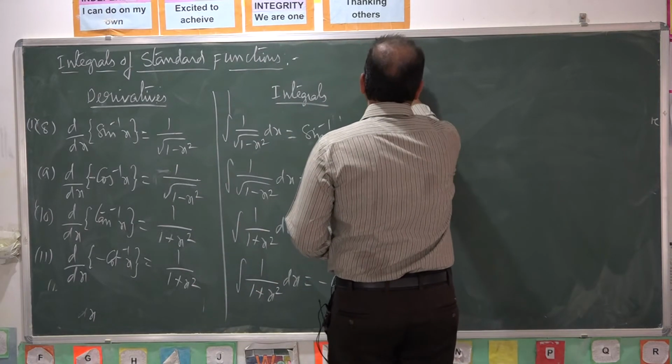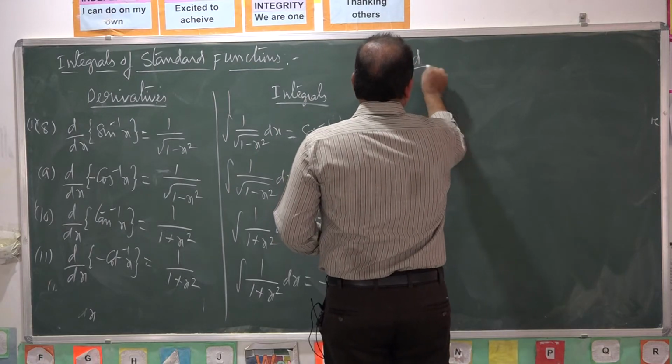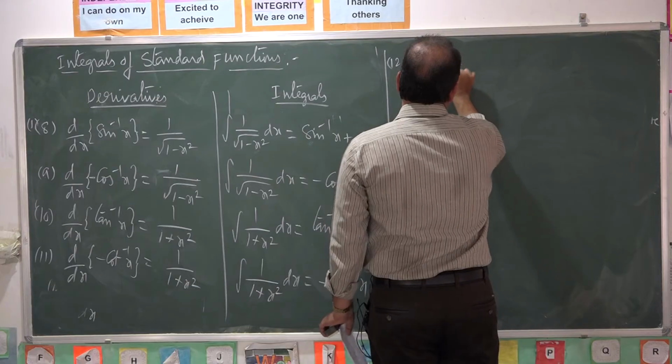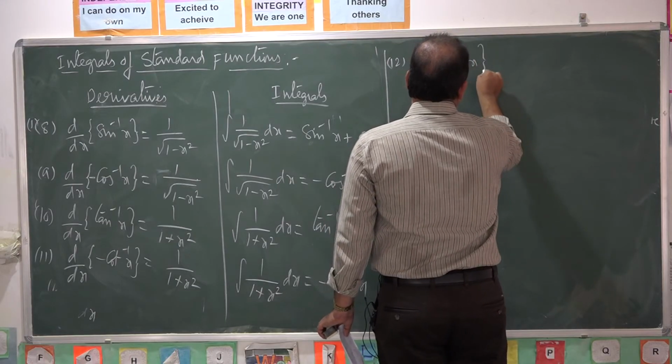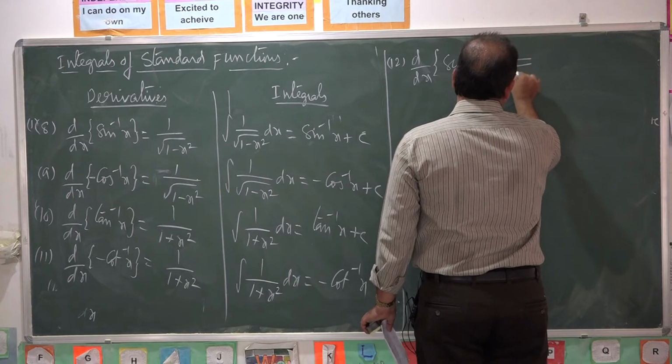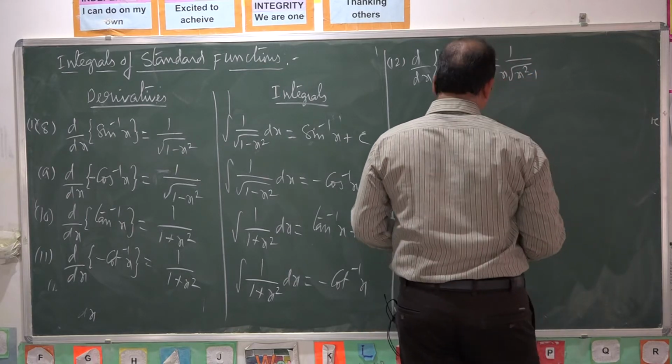Next, d by dx of secant inverse x is 1 by x into root of x square minus 1.